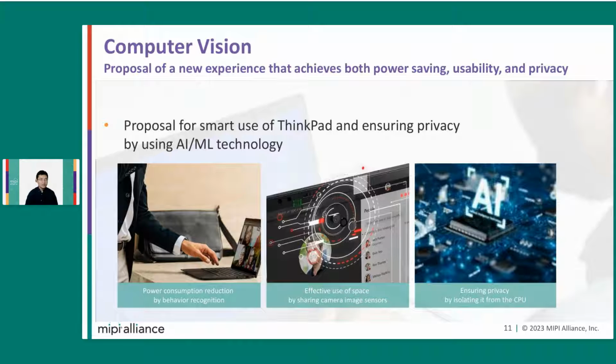The first one is power consumption reduction by behavior recognition. In the middle is effective user space by sharing camera image sensors. And also ensuring privacy by isolating it from the CPU. So it means we assure our customers that there are no privacy concerns.